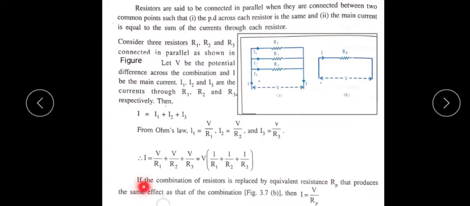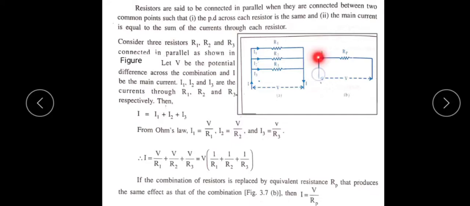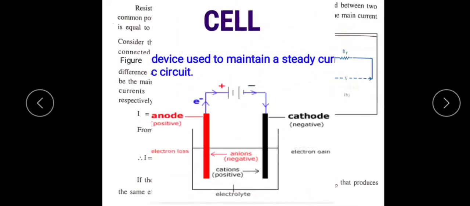Then the effect is the same as that of the combination. Hence, according to Ohm's law, V is equal to I into Rp. Then I is equal to V divided by Rp, as shown here.